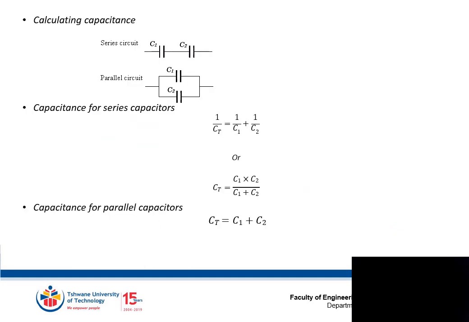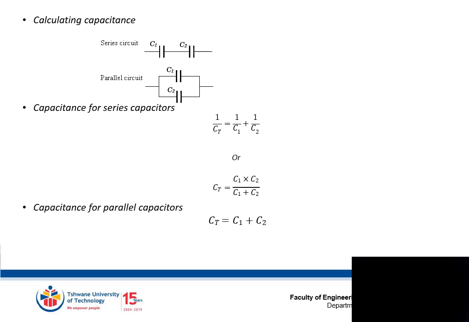Like resistors, capacitors can be connected in series or in parallel. So how do you calculate the capacitance of capacitors in series? If you have two capacitors C1 and C2, to calculate the total capacitance, we use a formula similar to the one we use for resistors in parallel.